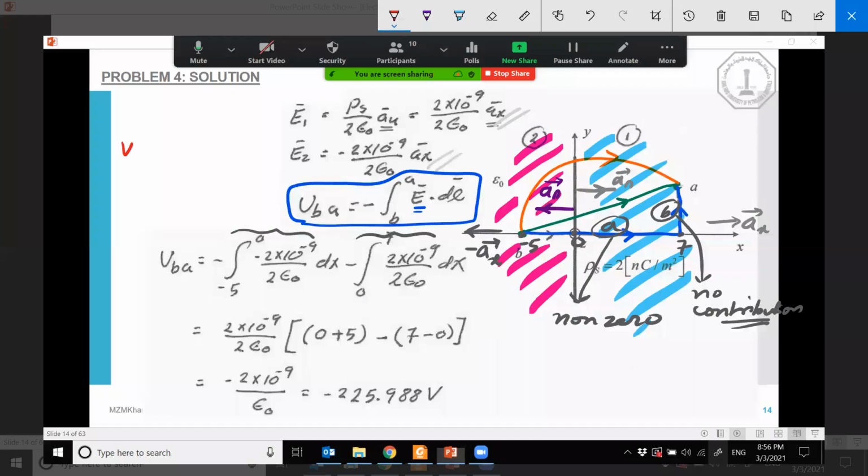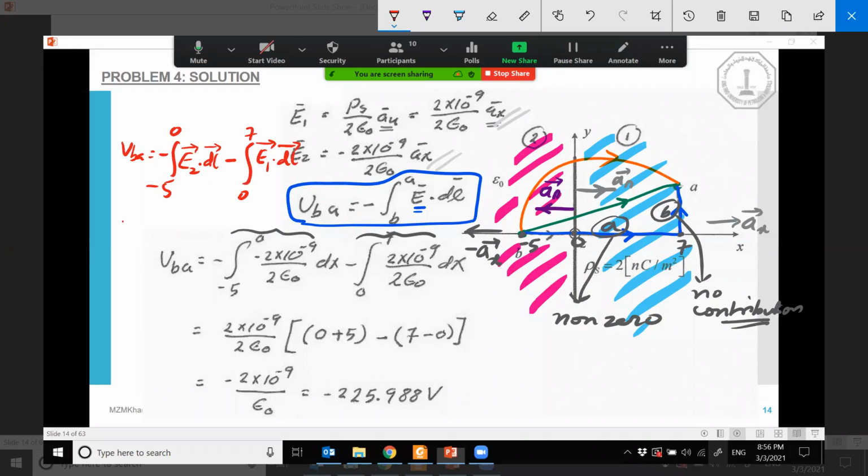So your VBA will be integral from -5 to 0 of E2 bar dot dl bar, then minus integral from 0 to 7 of E1 bar dot dl.